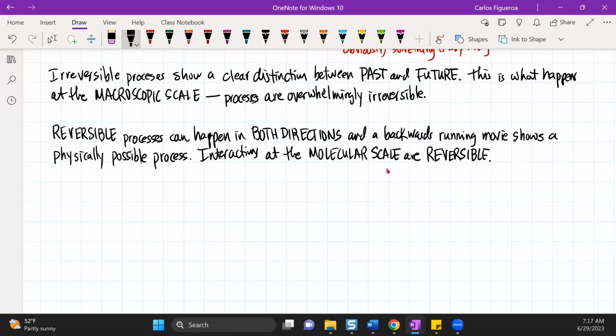As an example, we're going to have a collision between two gas particles.